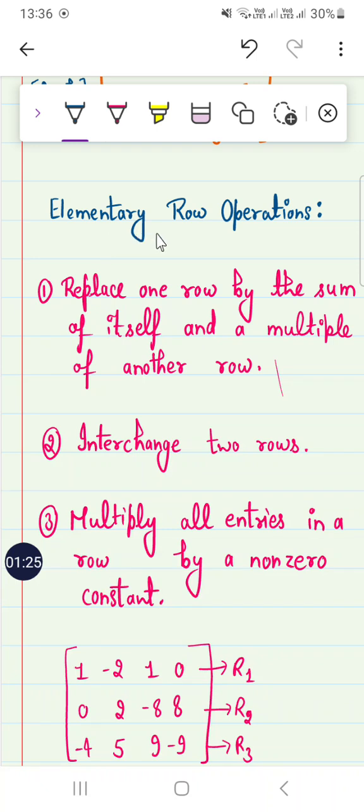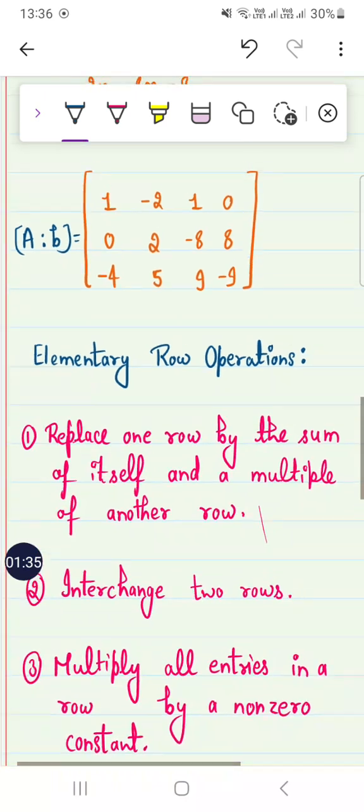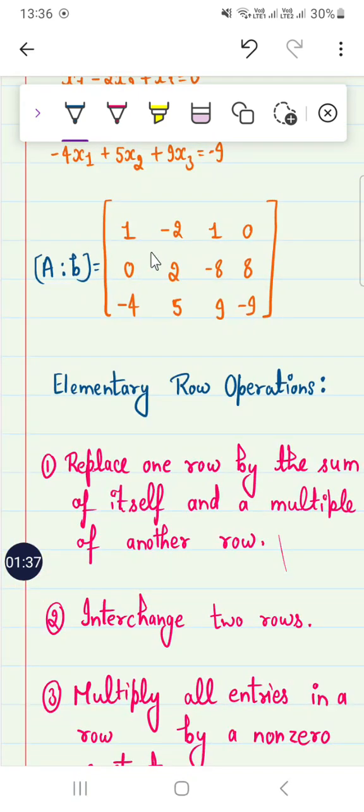Firstly, we know the elementary row operations. The first is to replace one row by the sum of itself and a multiple of another row. These are the rows: first row, second row, and third row. This is R1, this is R2, this is R3.